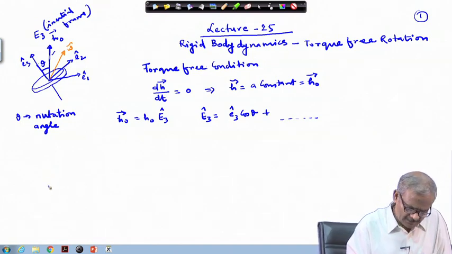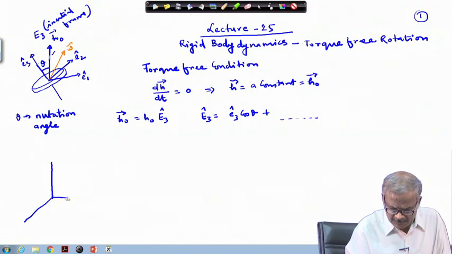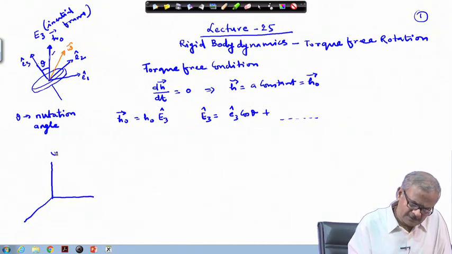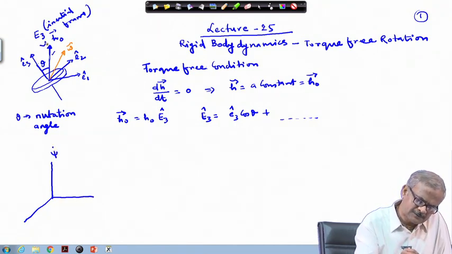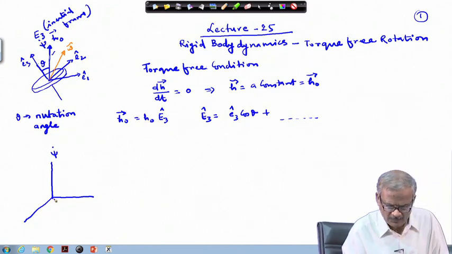So, let us go back to the situation from where we start. Here along this direction you have the psi dot. And then we rotate this frame.